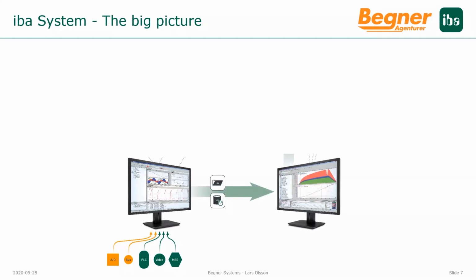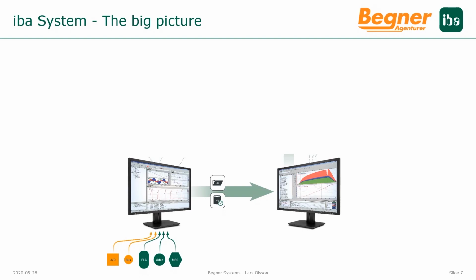We then store the data in two main formats. One is the .dat files, the other one is the HD server. There are some differences between those, and I will come back to those in the next webinar actually. For this webinar today, I will use .dat files as a signal source.